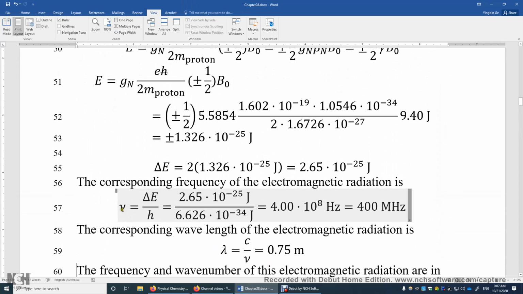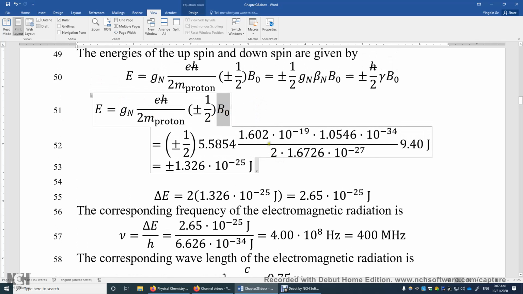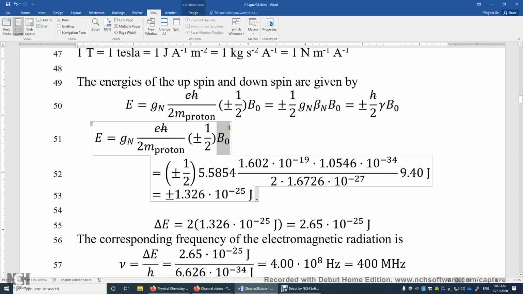This nu is proportional to delta E, and this delta E is proportional to the energy levels. The energy levels are proportional to B naught, but this B naught is the magnetic field strength felt by a free proton. Now it's not a free proton, it's surrounded by electrons, and when you have electrons, you need to make corrections to the B naught. It's now B naught times 1 minus sigma.